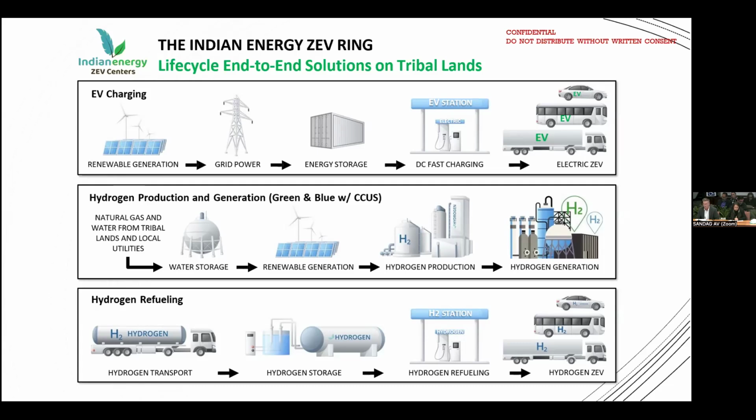And so we want this to be a full life cycle, end-to-end solution to be able to keep emissions down associated with transport, and also to be able to keep costs down associated with the adoption of these new technologies.